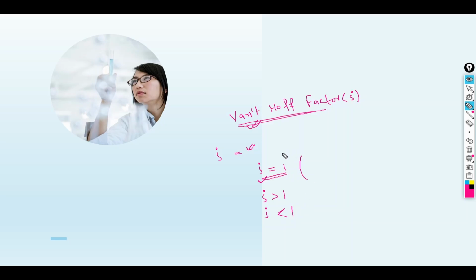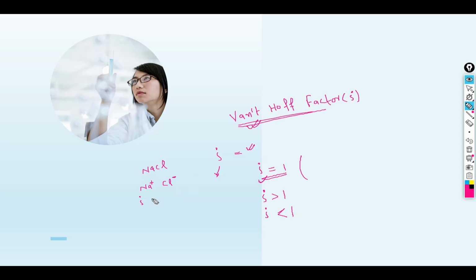And there is a formula to find it, but while solving some numericals, you can apply this trick. If the solute is NaCl, the Van't Hoff factor for this solute will be equal to 2. How? You have to think of the number of ions.